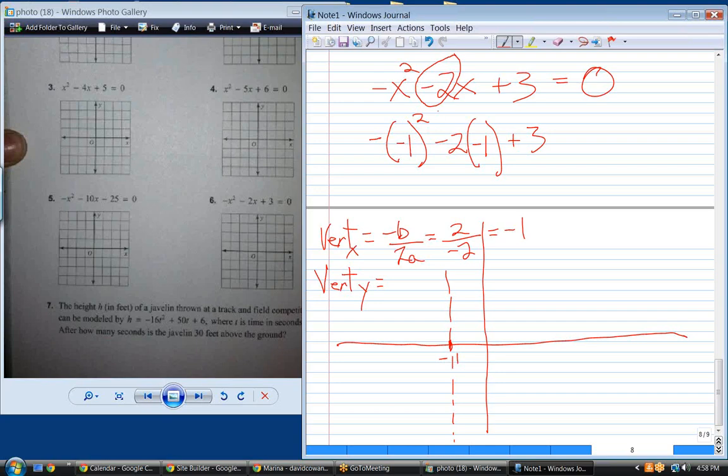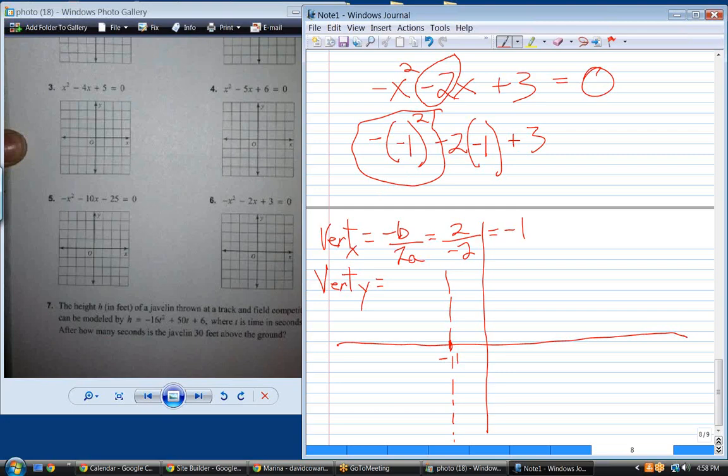So what does this become? What I've circled, what does that become? Oh, 1 squared. No. Start from the inside and go out. In other words, if we start with squaring the negative 1, what is negative 1 times negative 1? 1.